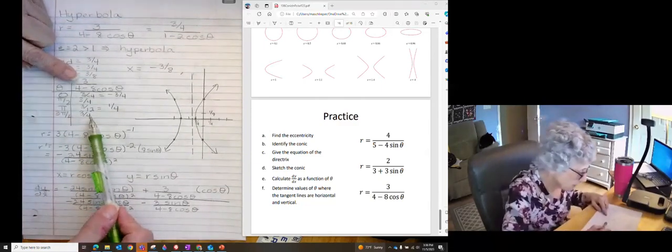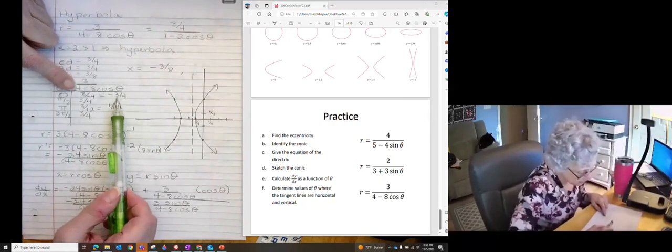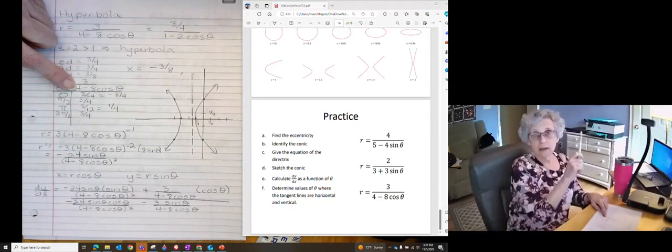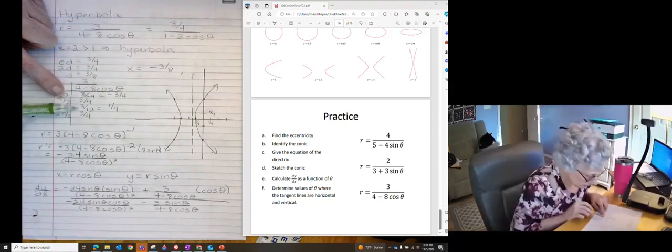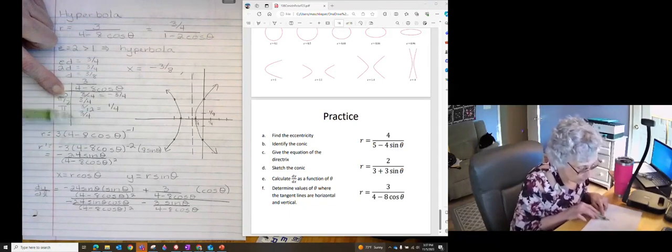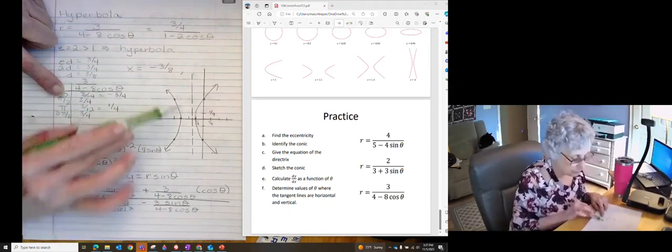I plugged my numbers in and I got negative 3/4, so I knew that was the outsider, the one that gets the reflection. And then these 3 were positive, 3/4, 3 over 12, or 1/4, and 3/4.